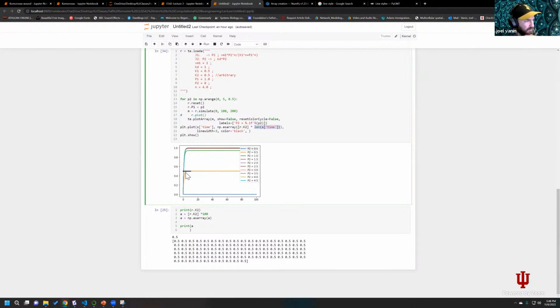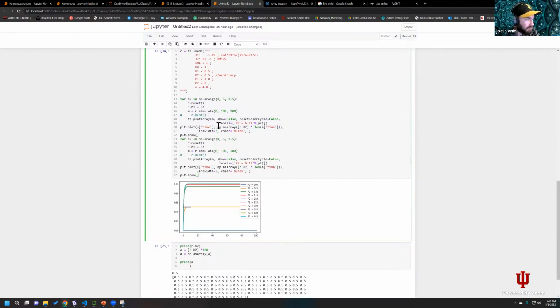When P2 is equal to K2 is the border threshold for it to activate K2. We can do the same thing for other parameters too, so just copy this and do it multiple times.